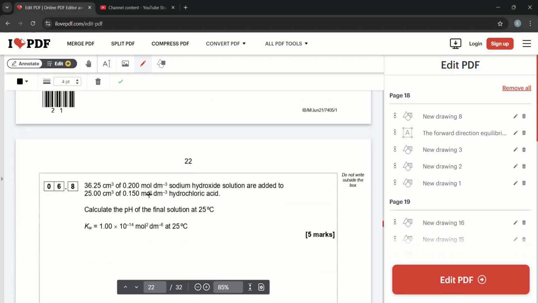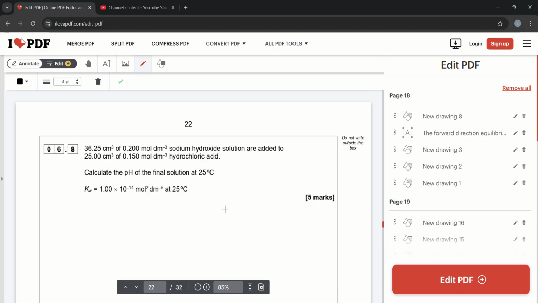And then 6.6, calculate the pH of the final solution at 25 degrees Celsius. Kw is given, and that's 5 marks. Well, first things first, let's find out the moles.